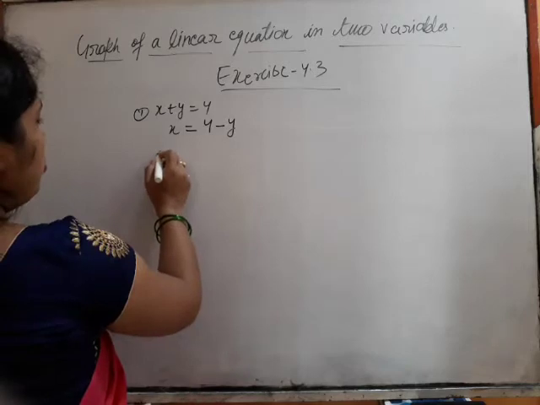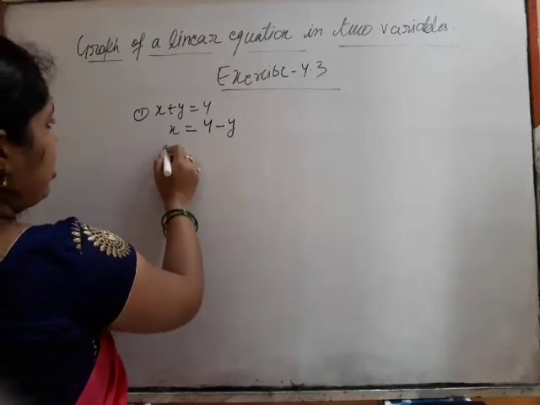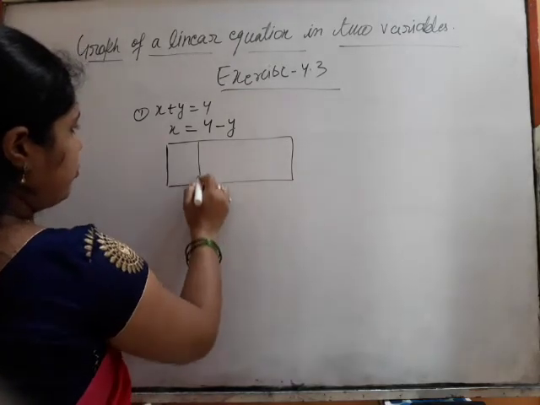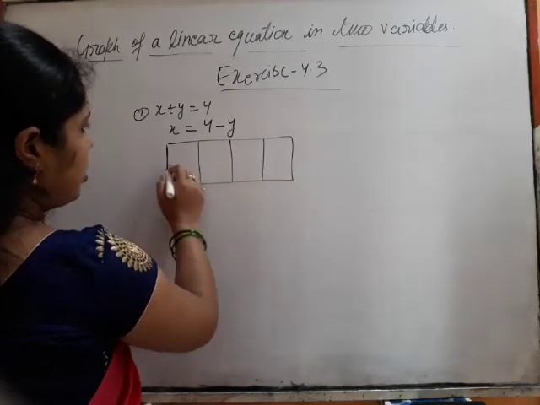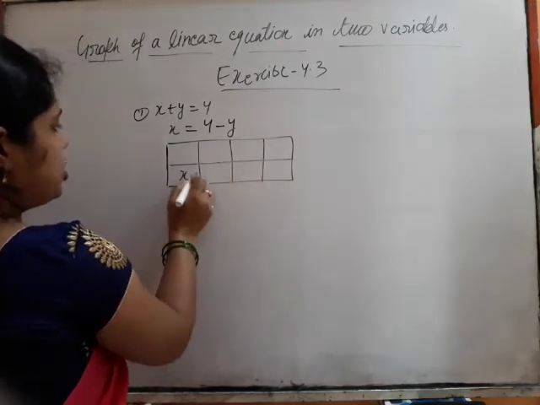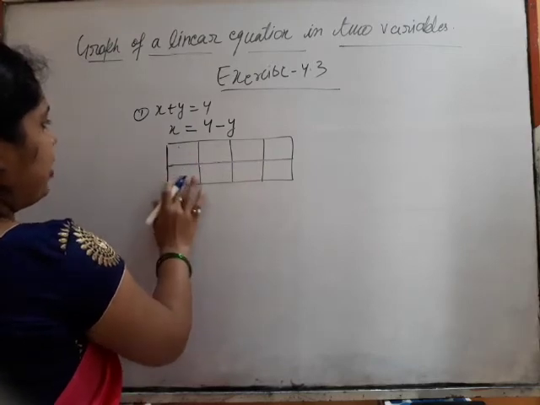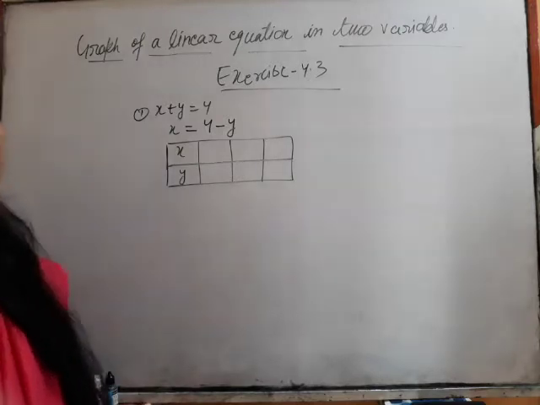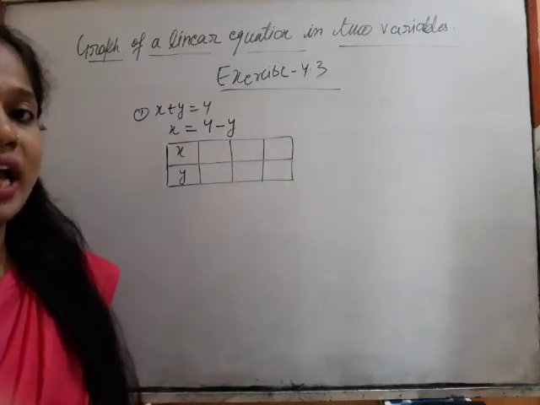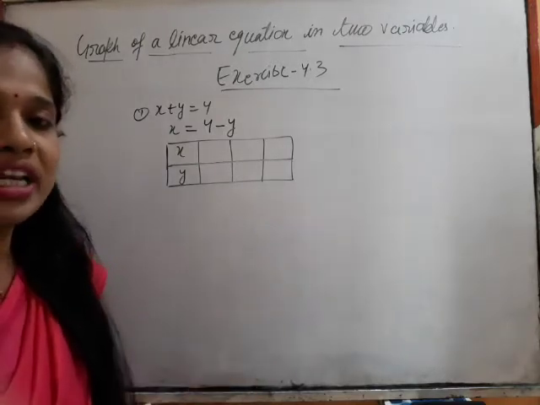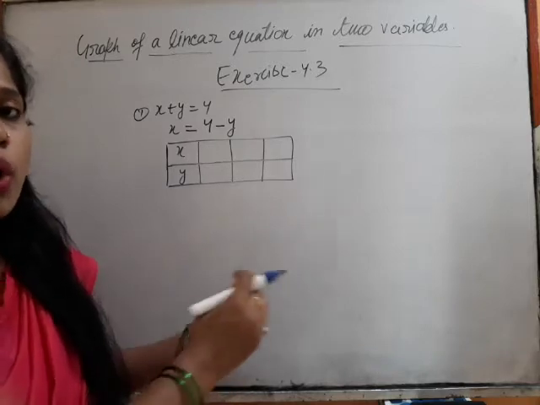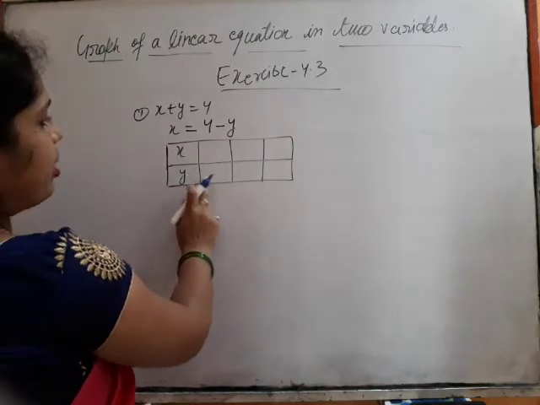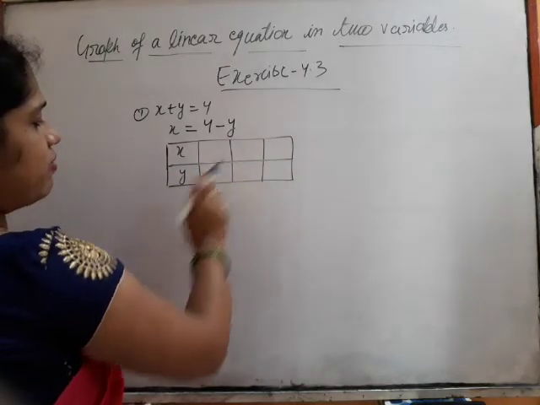Now let us have a table which will consist of the different values of x and y, so that we get the coordinates of the points which we will plot in our graph. For different values of y, we will have different values of x.